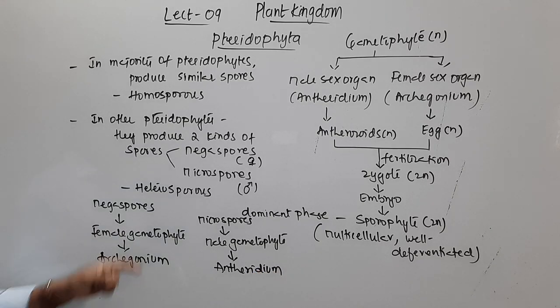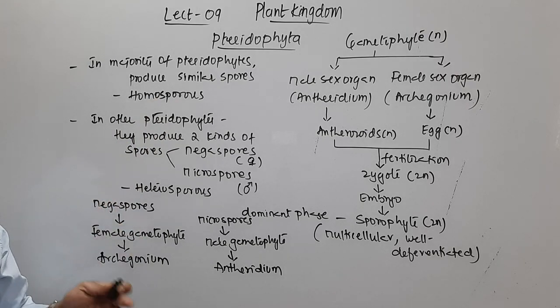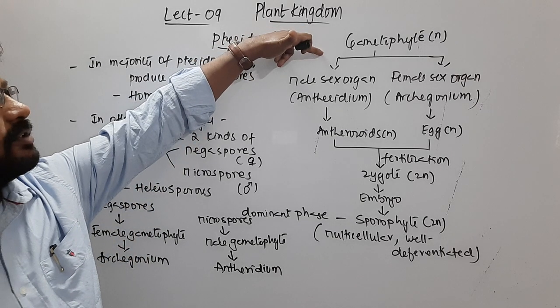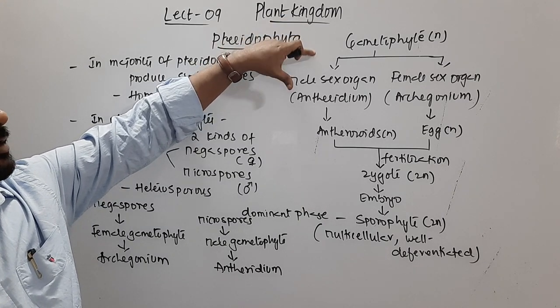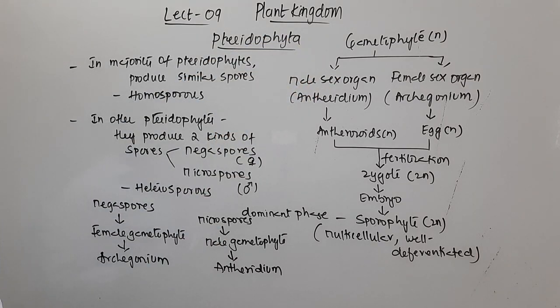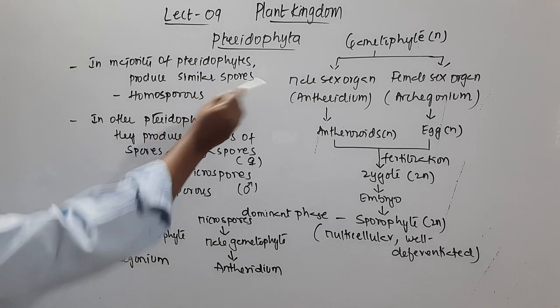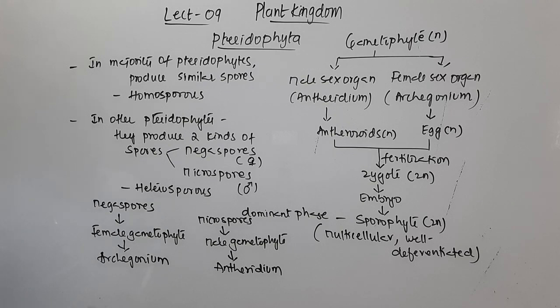But if it is homosporous, whatever spore germinates will give rise to a gametophyte, and that one gametophyte will have both male and female sex organs. Here in the heterosporous case you can see there is a differentiation in the gametophyte, so they became dioecious, while it is monoecious if the homosporous condition exists.